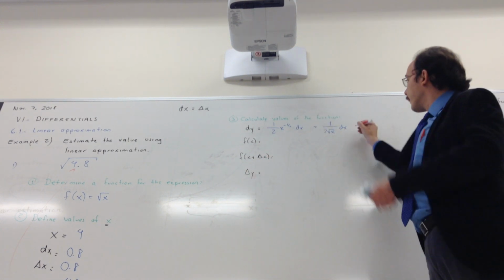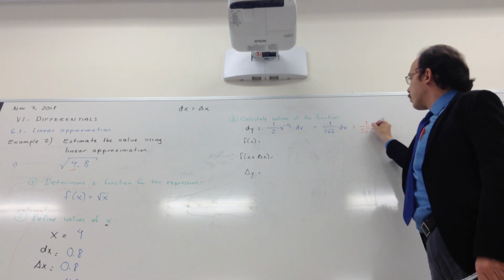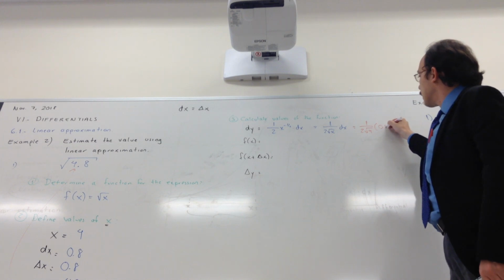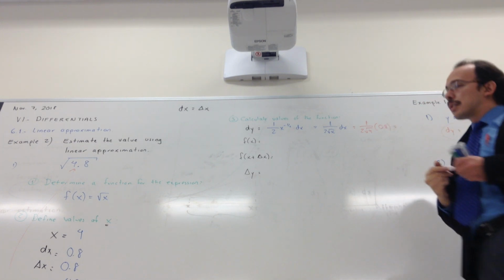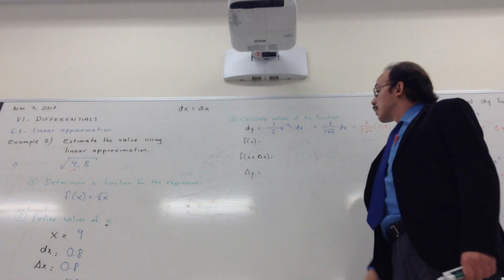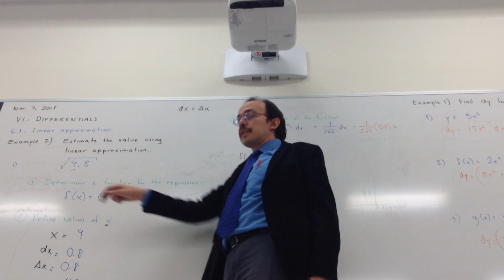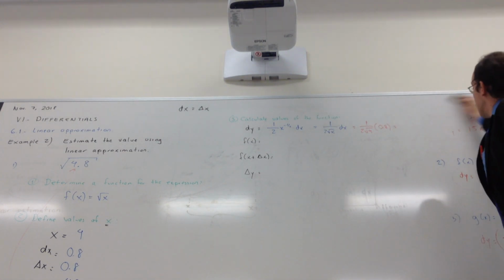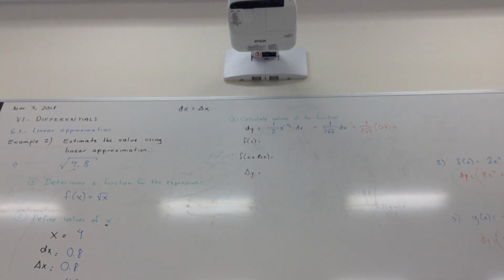So it's going to be 1 over 2 square root of 4 times dx, which was 0.8. How much is that? Help me with that, please. What's the value?